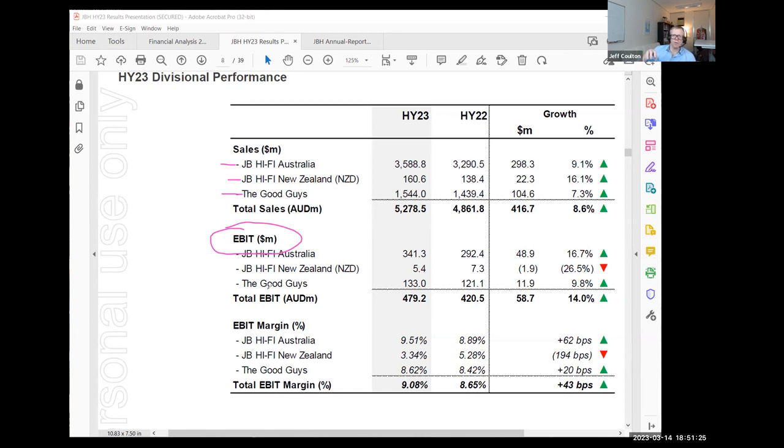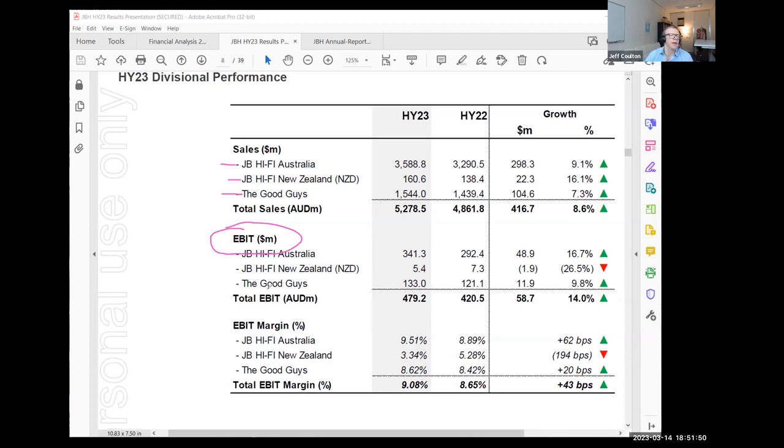So the JB Hi-Fi group borrows money and allocates it to divisions as they see fit. So that capital allocation decision is an important part of managing a group with a number of different divisions. But if I'm running JB Hi-Fi Australia, I'm probably not doing the borrowing myself. And so I don't want to be rewarded or penalized on a measure that includes interest.